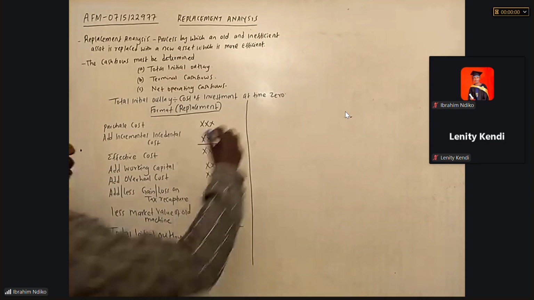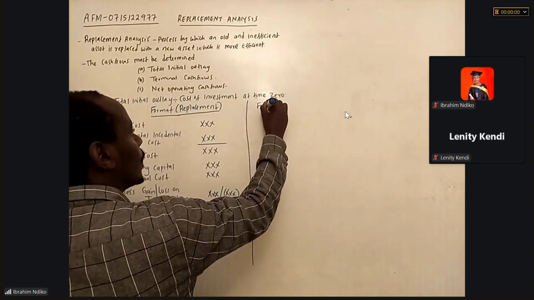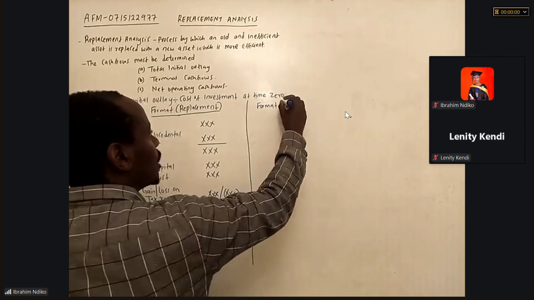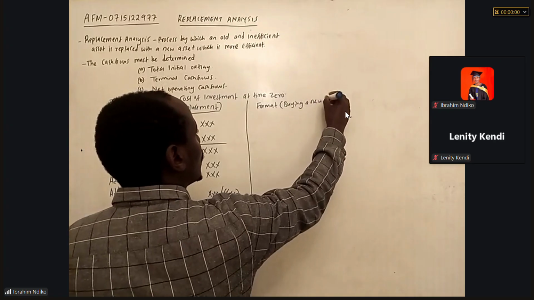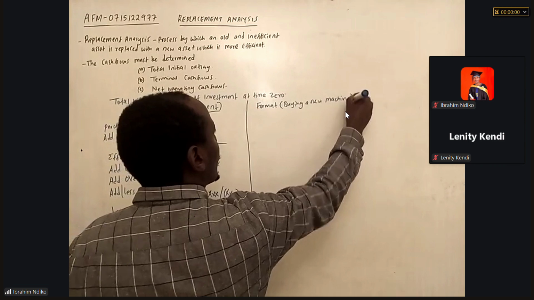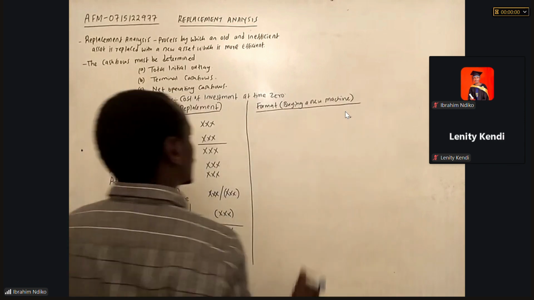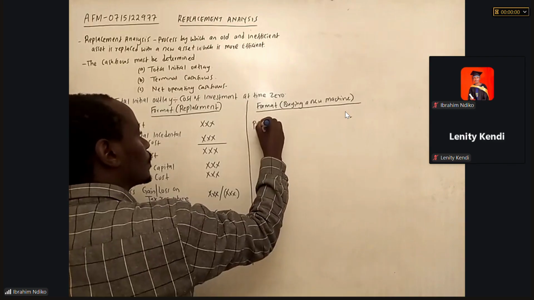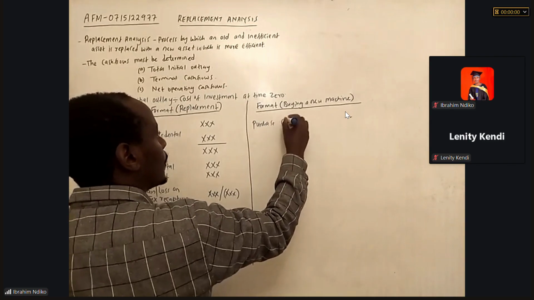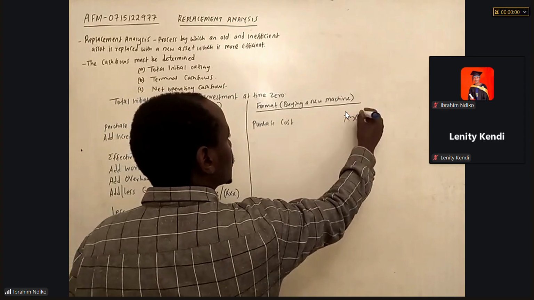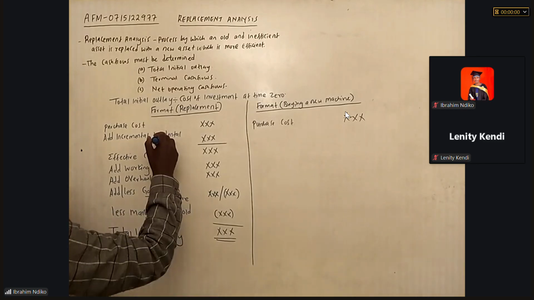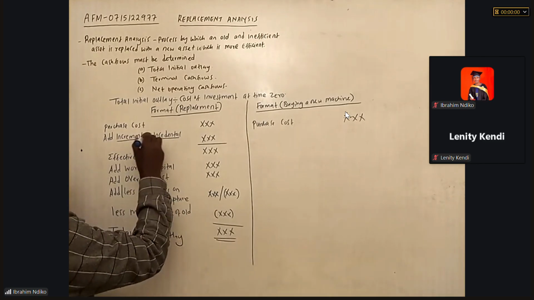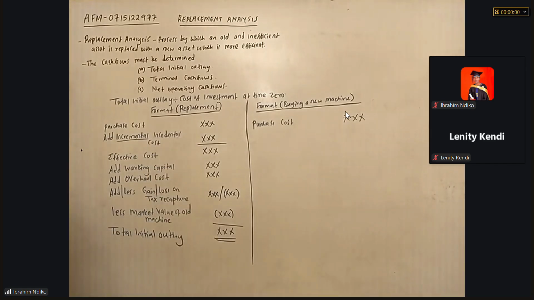Now, what if the question is about buying a new machine? We shall start with the purchase cost. Then you add the incidental cost, but not the word incremental. The word incremental is only applicable under replacement.